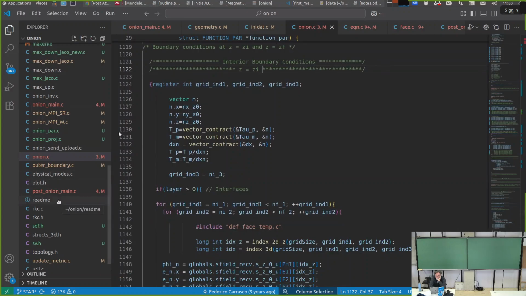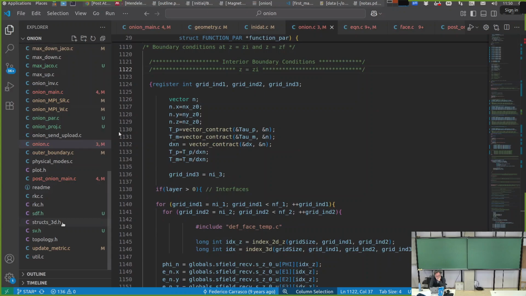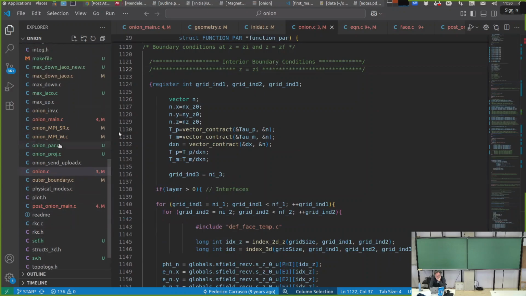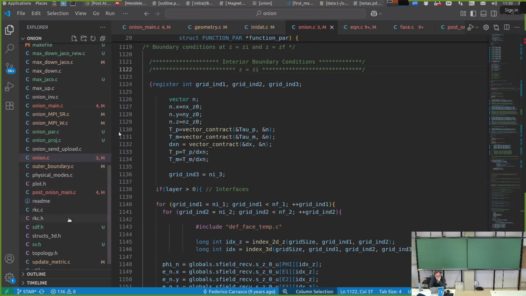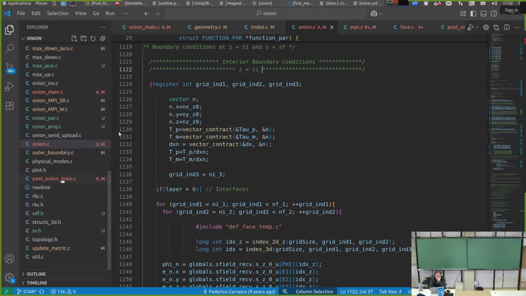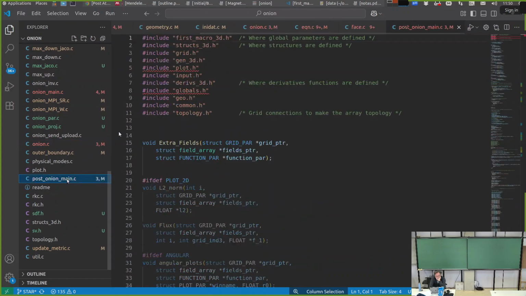And one additional comment is, of course, there are many more details on different functions here, but I will only mention one additional function, the code we developed for post-processing. So it essentially mimics the main function.